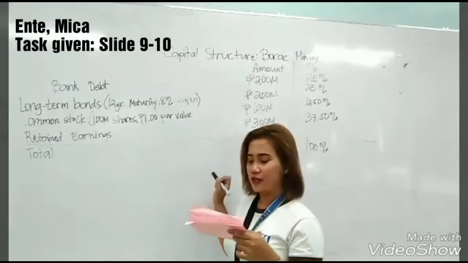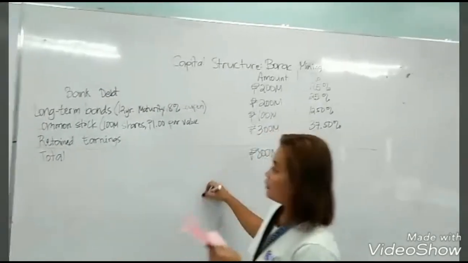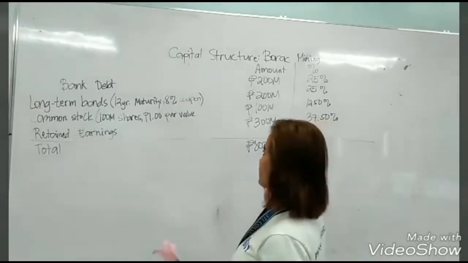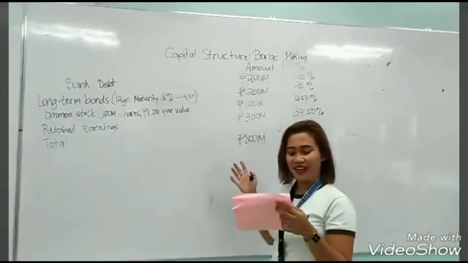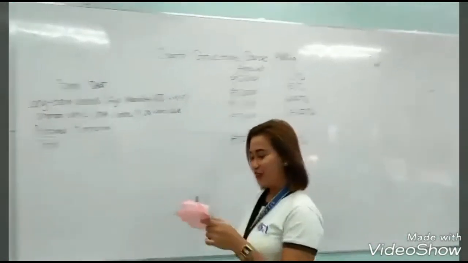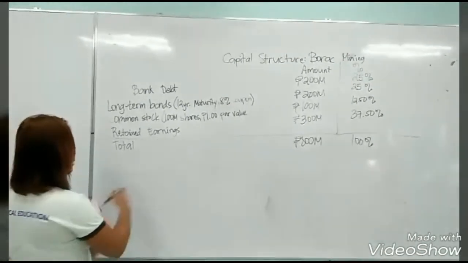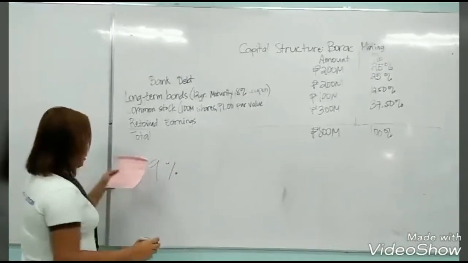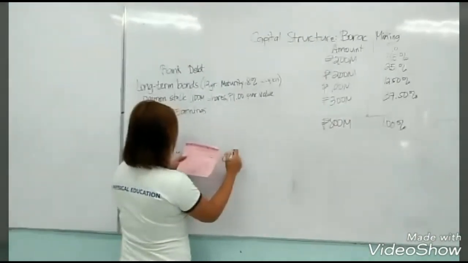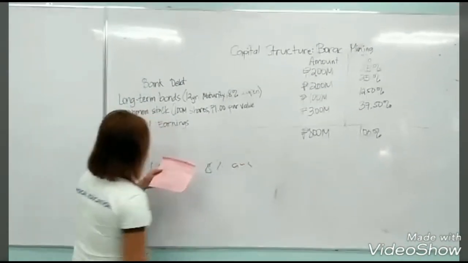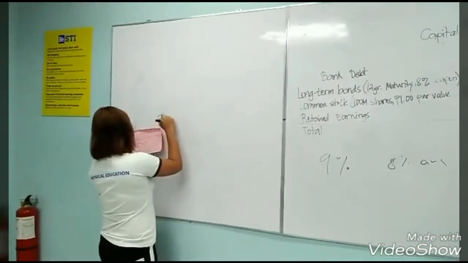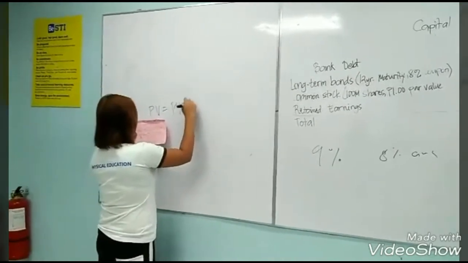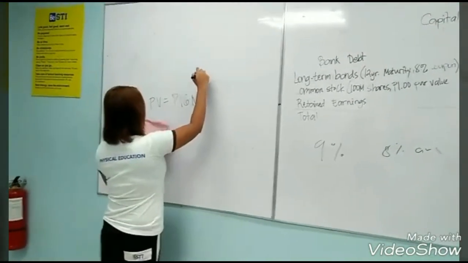Capital structure. Loan ng bank, debt. Yung interest, bumababa, tumataas. However, yung bank na nagpapautang, syempre, alam nilang sure na mababayaran yung utang mo. Long-term, mataas yung interest, 9%. Yung bond offer is 8%. Interest and bonds. Kunyari, ang formula. Given na utang.